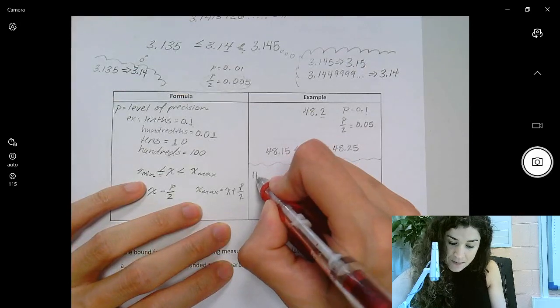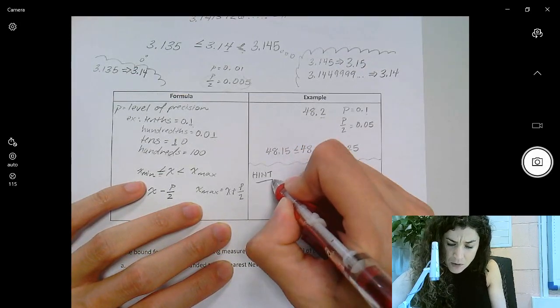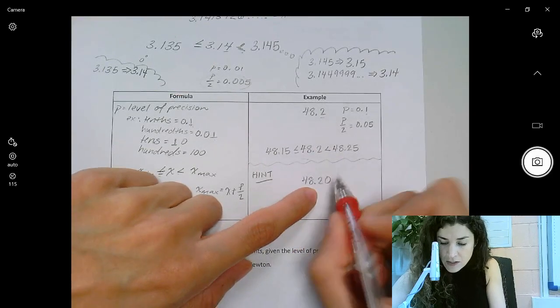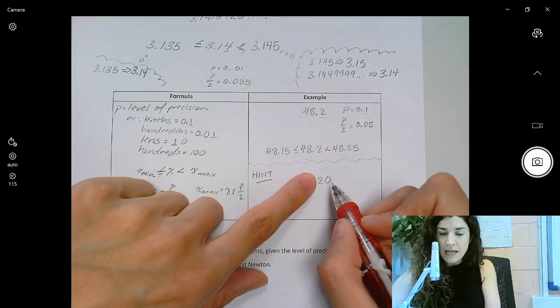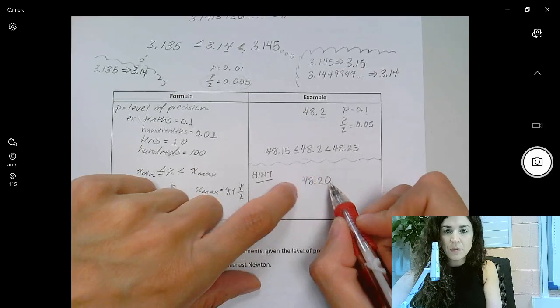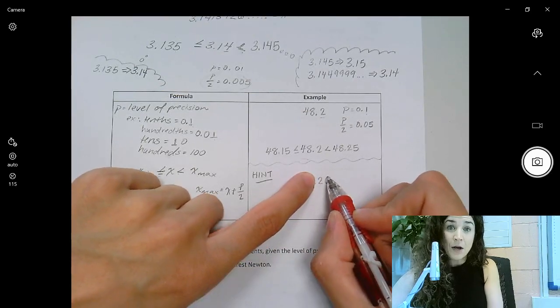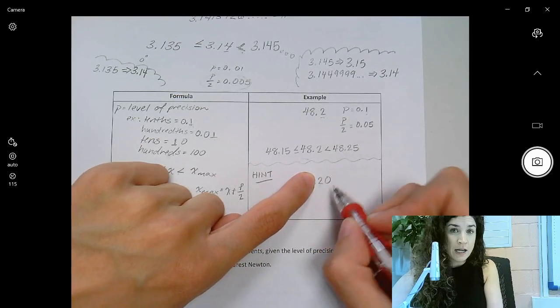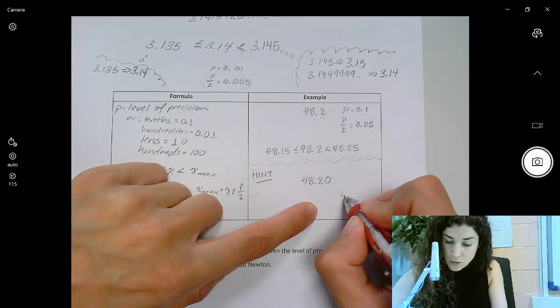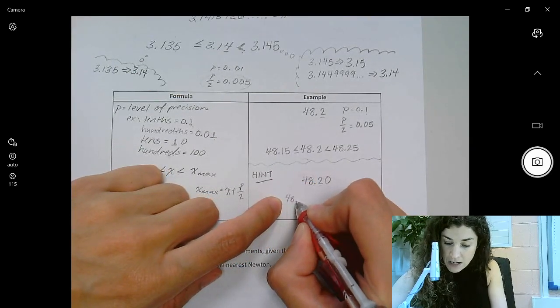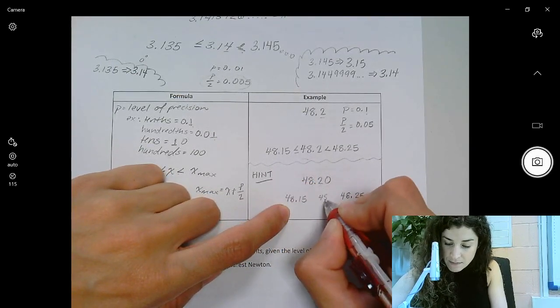Here is a hint or a trick. When I round it and I'm trying to think about the bounds, I always add in an extra 0 and then just focus on that number. So I add in an extra 0 to where I rounded it to, and I think about that. And I say, okay, I need to add and subtract 5 to 20. So I do 48.25 and then 48.15.